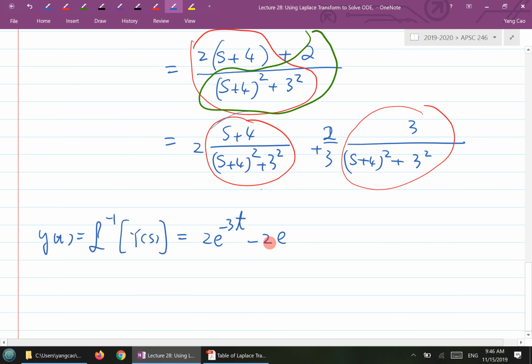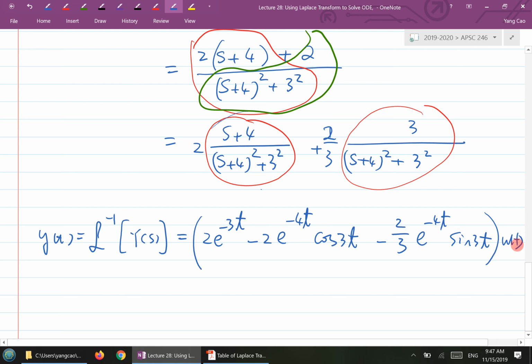So e to the power negative 4t, cosine omega, omega is 3, and here is 2 over 3 e to the power negative 4t and sine 3t. Altogether times u of t.